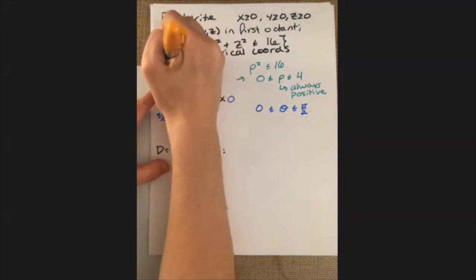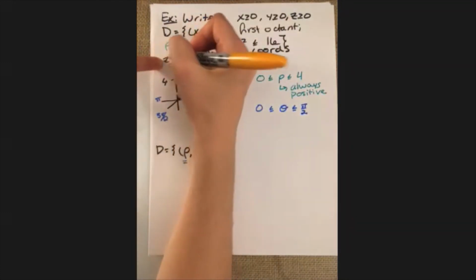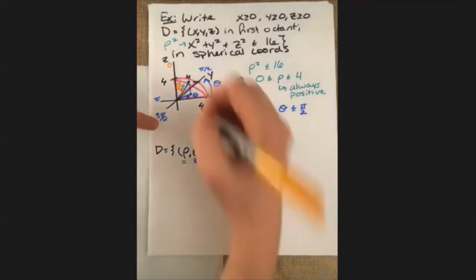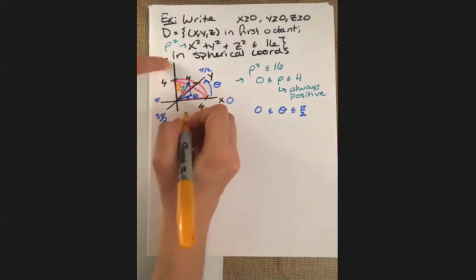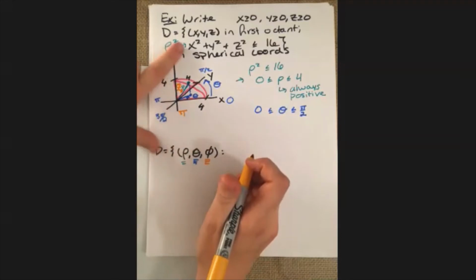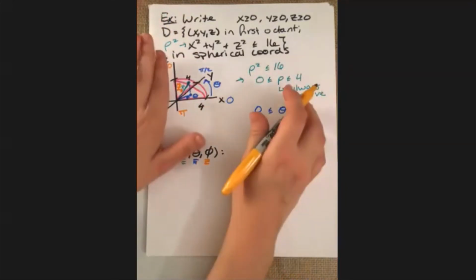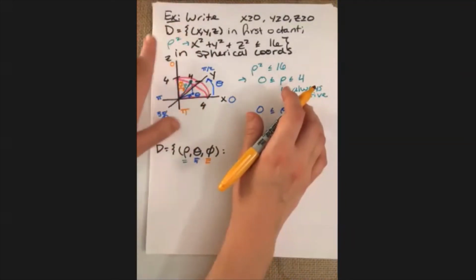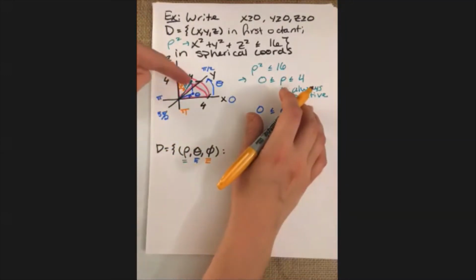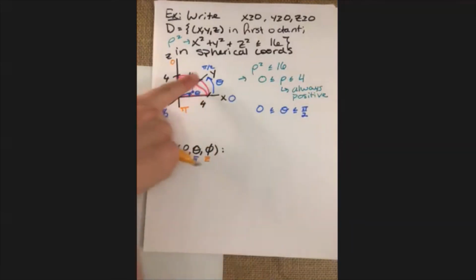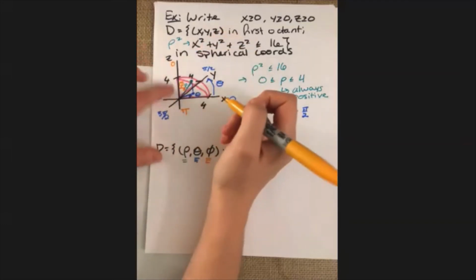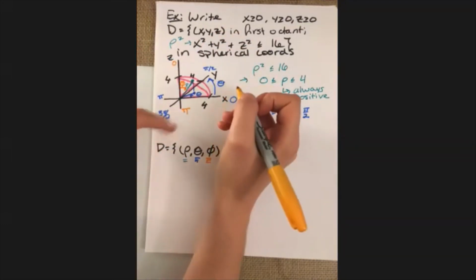It's allowed to start up here at 0, the upper part of the z-axis, and then go all the way down to the negative z-axis, which is pi. So it's allowed to range 180 degrees, or pi radians, starting at 0 and going down to pi. There's no point in having it swing past that, because swinging in that direction can be controlled by moving theta around farther. So phi is always between 0 and pi.